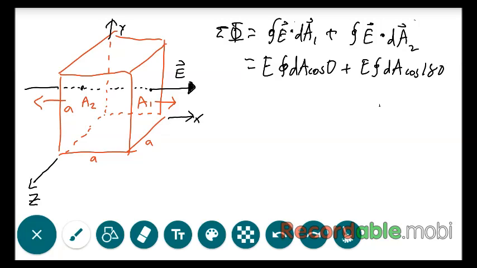Okay, there we go. And now we are going to substitute in the equation for E, which is given to us. They said E is equal to B plus Cx.